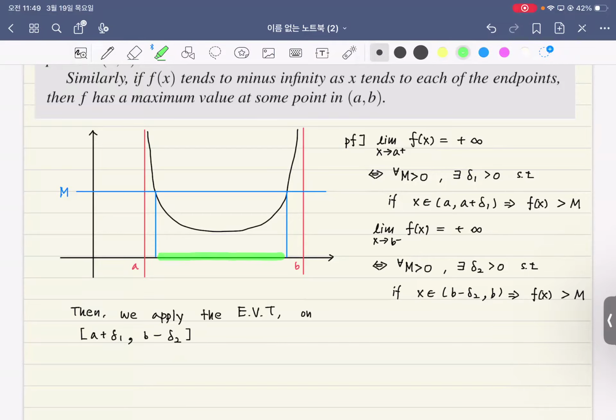So basically, we are talking about these closed intervals. This is a closed interval, and because of the extreme value theorem, you must be able to find a minimum number on this interval, and that minimum on this closed and bounded interval can also be considered as a global minimum of the function on this open interval from a to b.